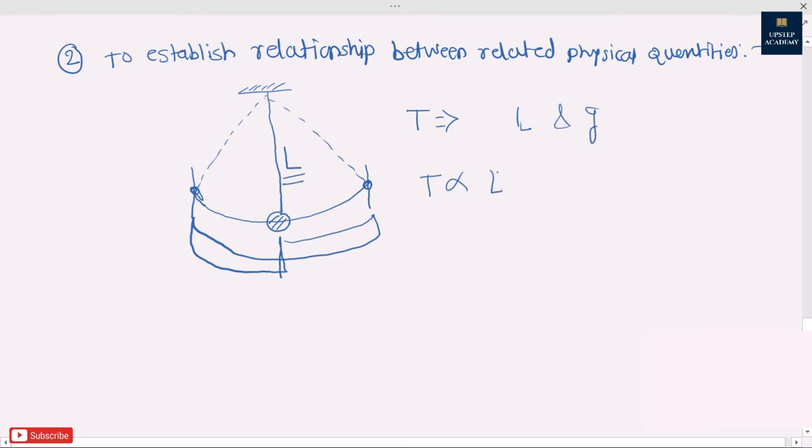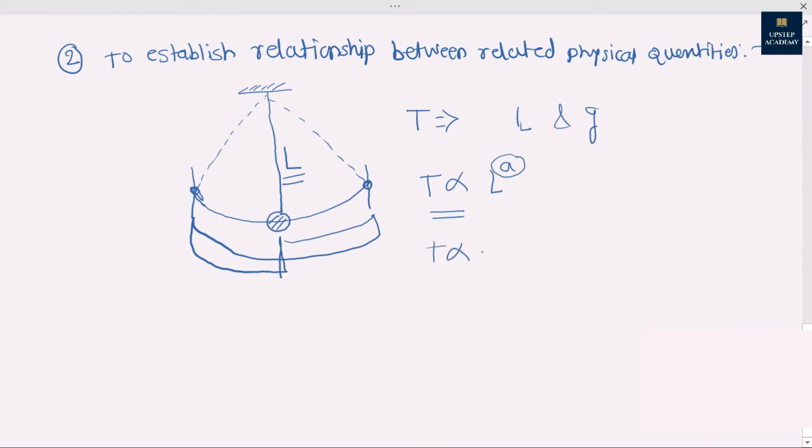So let's take T is proportional to L raised to a. Why is it proportional to the length of the pendulum? Because if we increase the length of the pendulum, the time period will also increase. That is why the time period is proportional to length. Let's take the power of L as a, that we need to find.